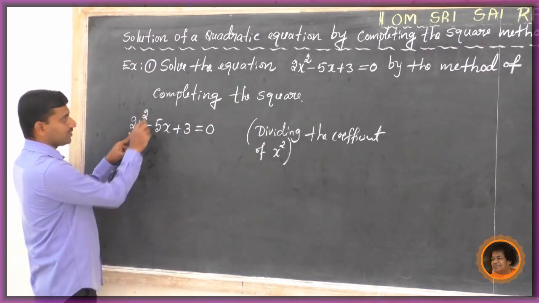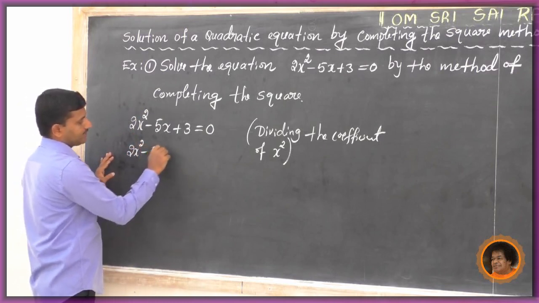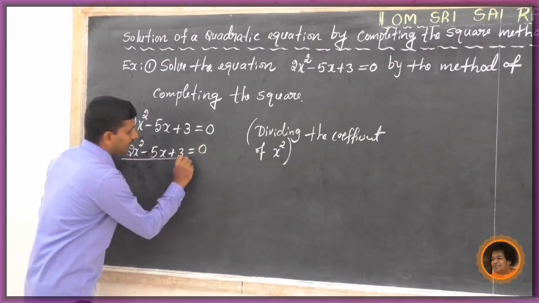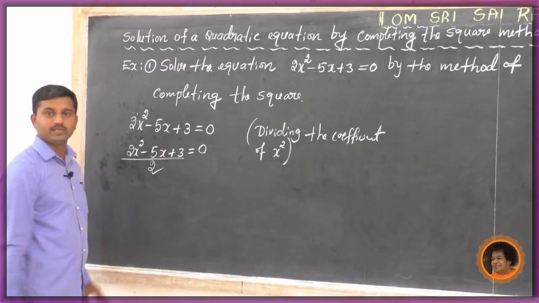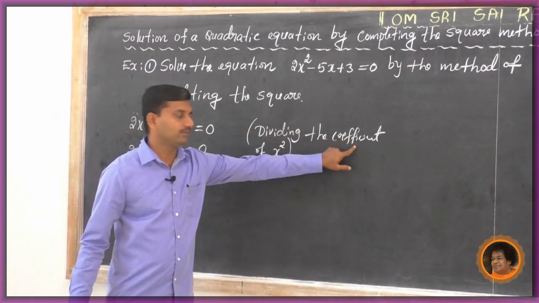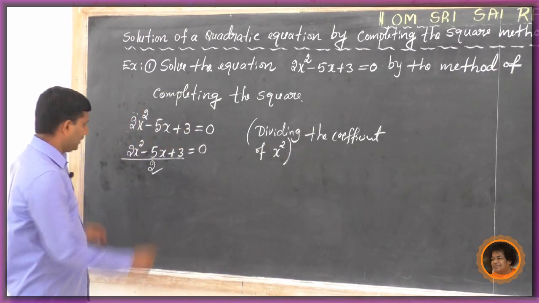So what is the coefficient of x square? That is, 2x square minus 5x plus 3 equal to 0, divided by the coefficient of x square, which is 2. Clear? Now divide.